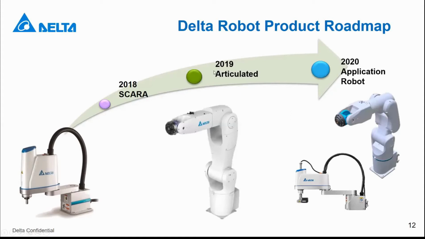And in 2020, this year, we started to release more different models, like maybe a 5-axis SCARA robot, where we attach one more axis here. It becomes more flexible. And also some application robots, like a vertical articulated robot with some special application.